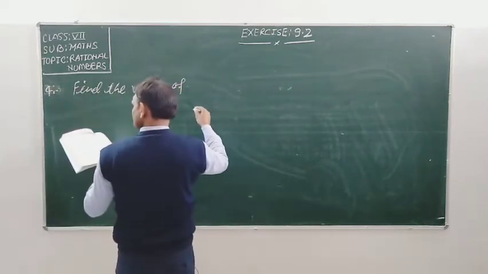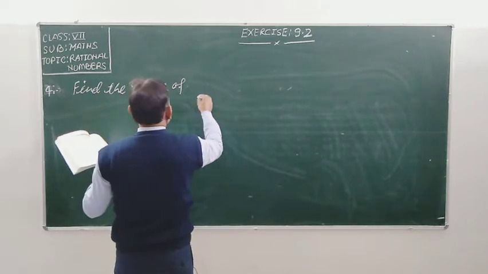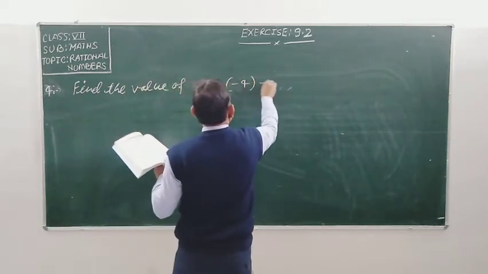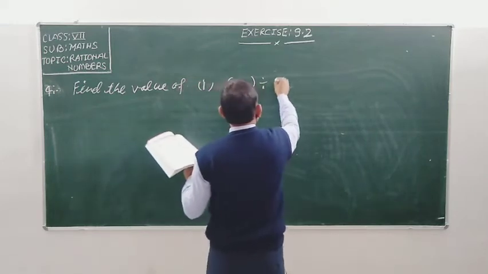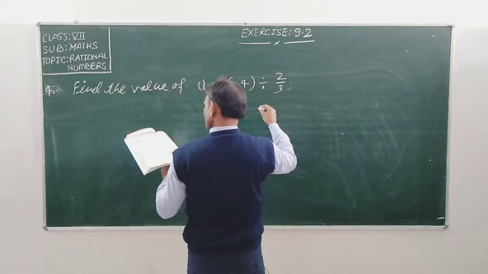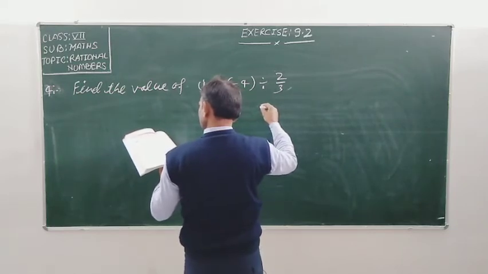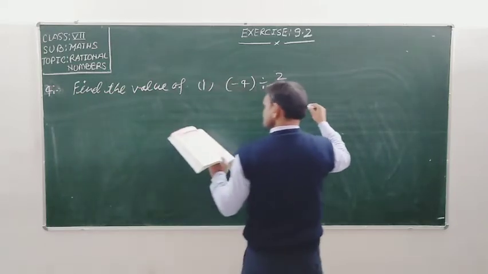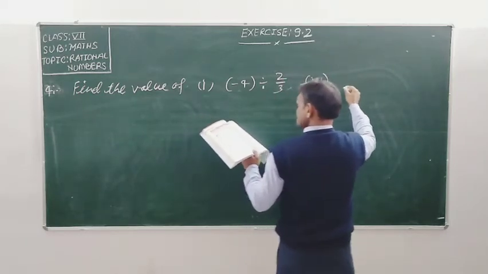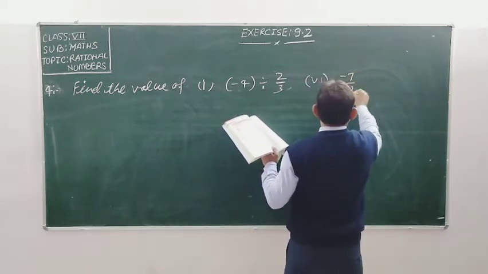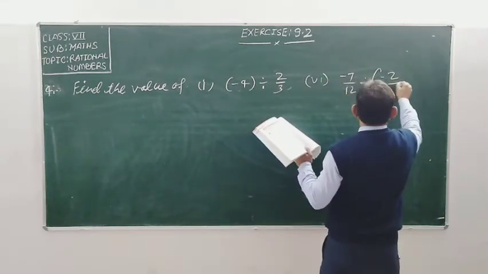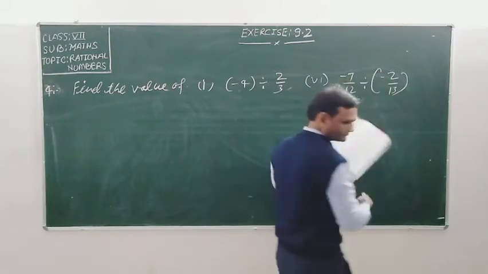I am taking the first part, minus 4 divided by 2 upon 3, and one more part, part 6: minus 7 upon 12 divided by minus 2 upon 13.